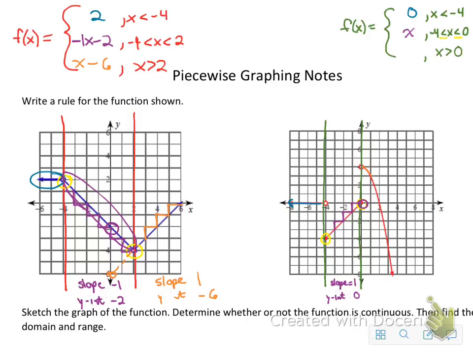Now let's look at this piece over here. So we've got this downwards looking parabola. That is a parabola, so it's going to be ax squared plus bx plus c, potentially. We can write it however we want, as long as it represents what's going on here. Now if you look at this graph, it is opening down and is moved up 4 spaces.